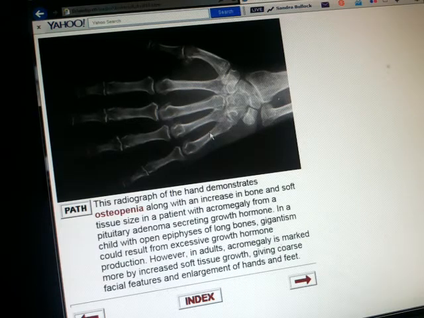If the patient is an adult, this is known as acromegaly, while if it's still a child or before puberty, it's known as gigantism.